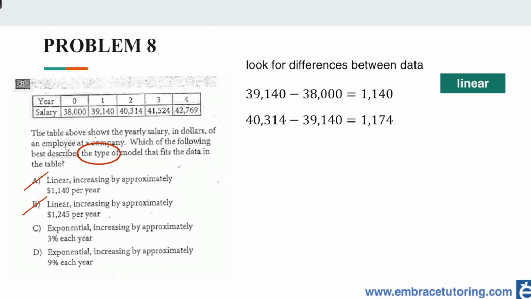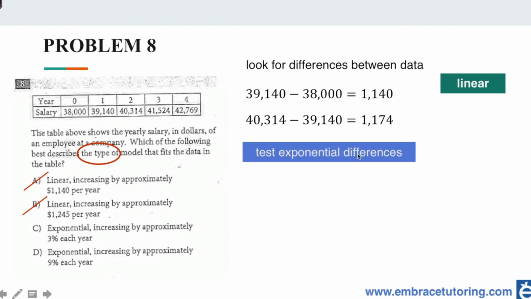Now, on the contrary, when I want to examine what is exponential, I want to understand the difference between 3% and 9% each year. So when I test my exponential differences, I'm going to take 38,000 times 1.03. Notice this is 100% of the 38,000 and a 3% increase because it says increasing by approximately 3% each year.